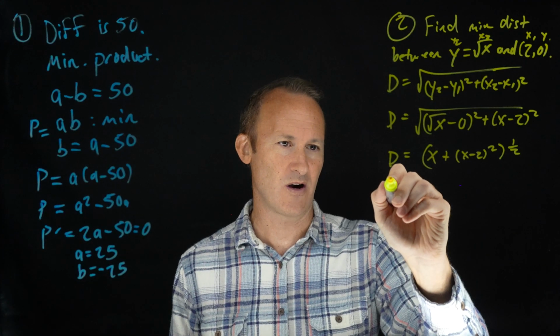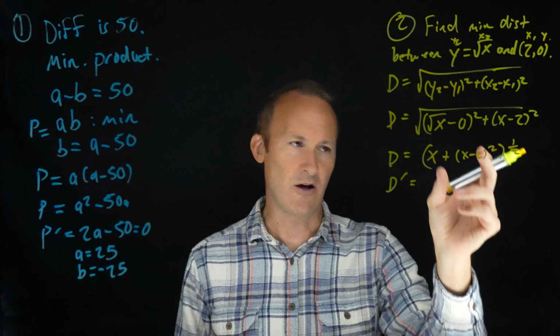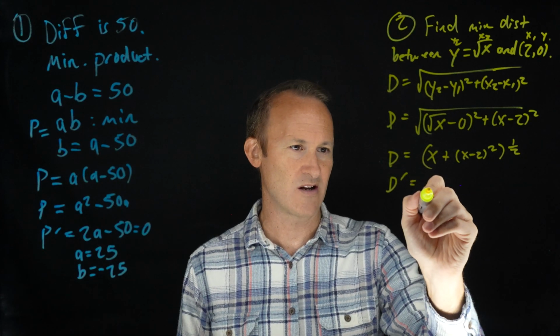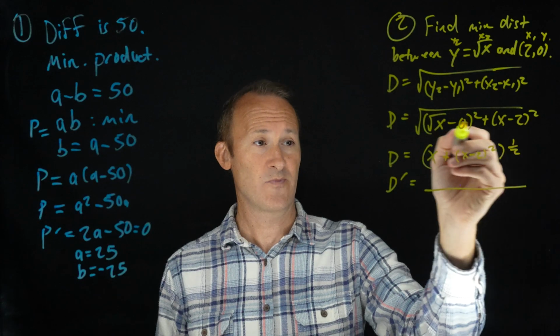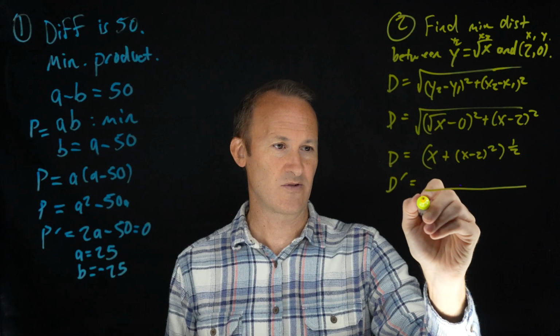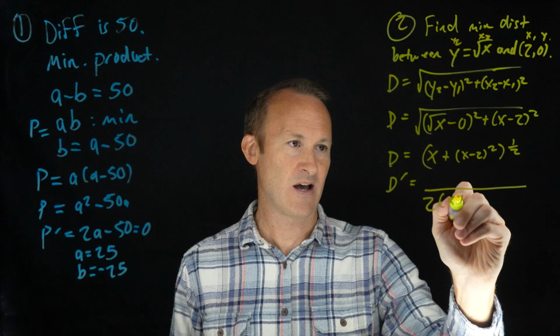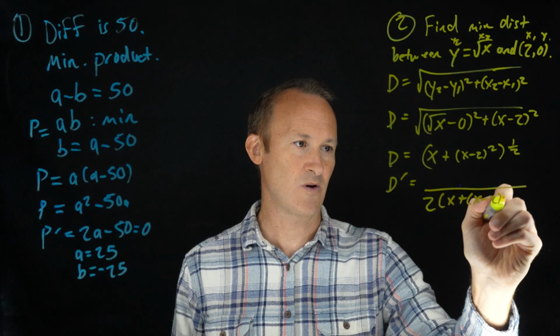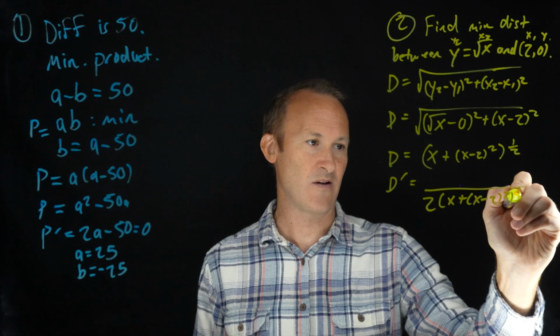So what's d prime? It's going to be the 1/2, right? It all comes down, like power rule. So it's 1/2, and then this whole thing in the denominator, x plus x minus 2 squared, all to the negative 1/2, which brings it down, so it's still to the 1/2.